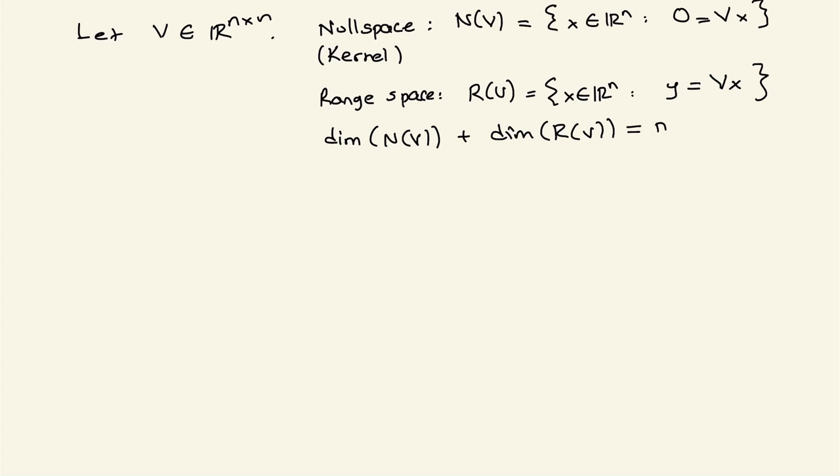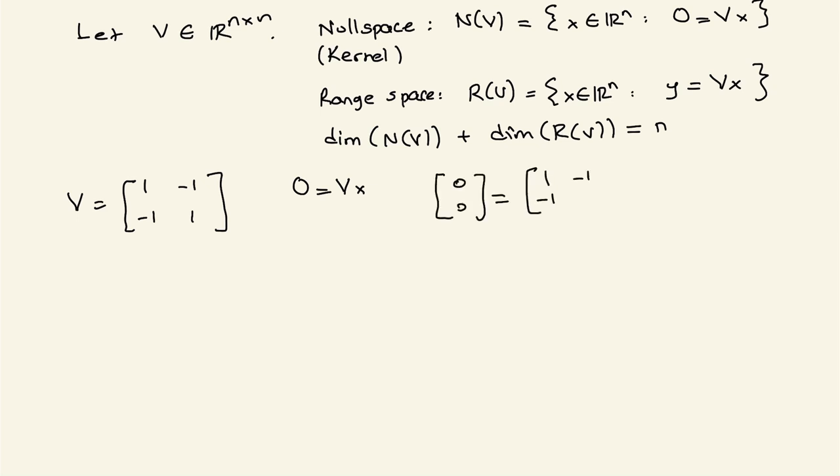All right, let's do an example. Let's consider the same example that we used in multiple places. Let's find the null space first. Applying the definition, 0 equals Vx, or equivalently, 0 equals the matrix 1, minus 1, minus 1 multiplied by x1, x2. We are going to have x1 minus x2, x2 minus x1. As you see, to get 0, x1 must be equal to x2.